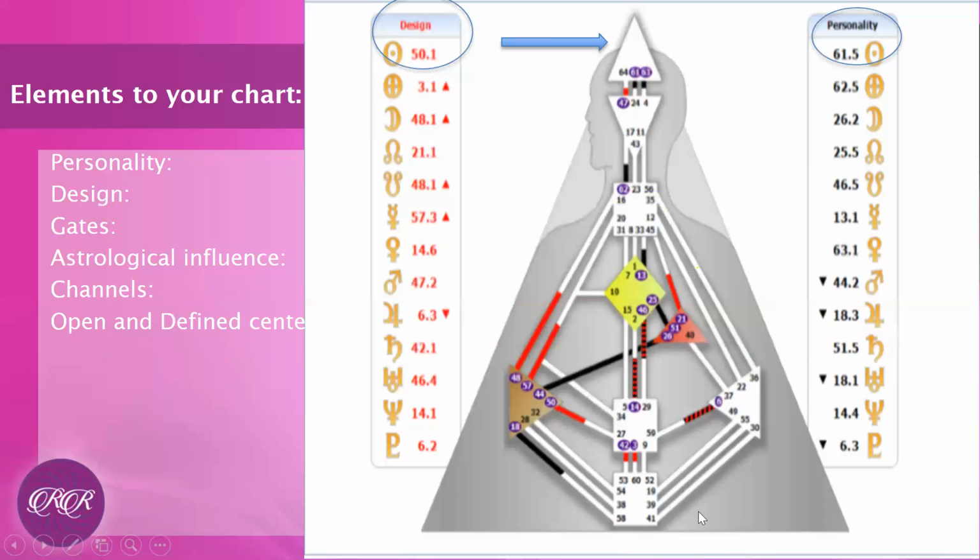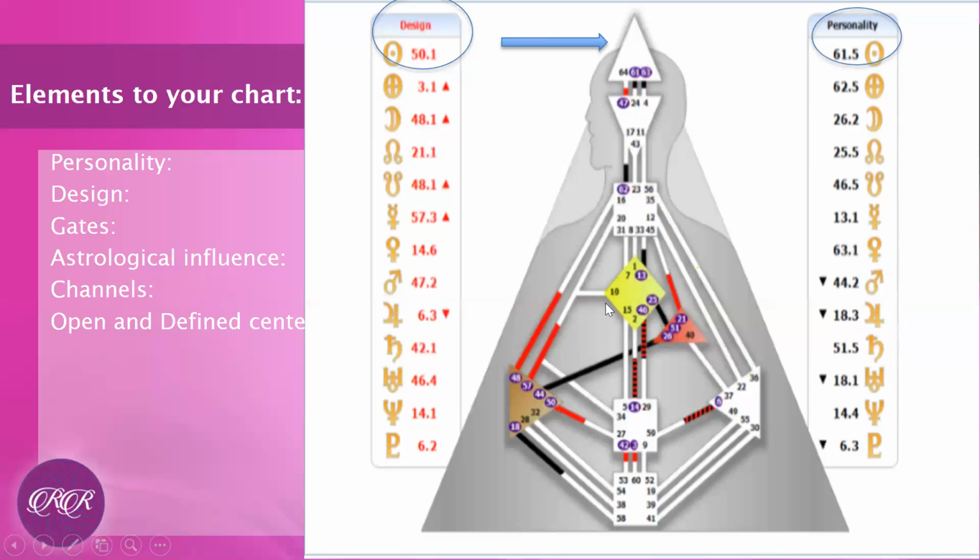Okay, so I've covered your personality, which is what you're conscious of, your unconscious, which is in red, and then these gates, which you'll see hanging off of a number. The number is also found on these columns. The astrological influences you see down the sides are the astrological symbols.